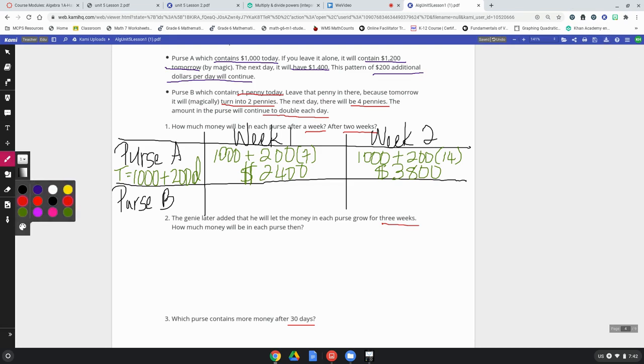All right, purse B. If you look at purse B, the total starts off with 1 penny, but then you are multiplying that by 2 every day. You are doubling your pennies every single day. So this is 2 to the power of the day, because you keep multiplying by 2 over and over again.